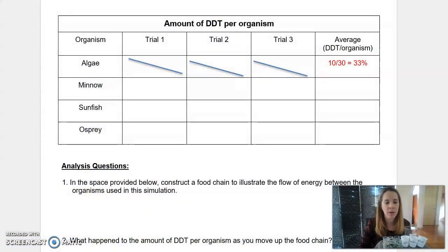So my minnows, I'm going to have a total of 27 jelly beans total. An amount of DDT, 1, 2, 3, 4, 5, 6, 7 out of 27. 7 out of 27 for trial 1. I'll turn that red so you can see it a little bit easier there. And then again, I'll convert that into a percentage or a decimal here.